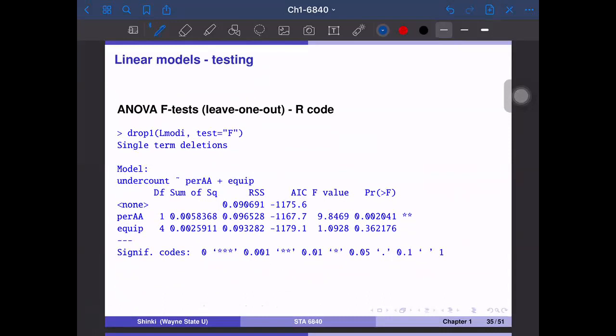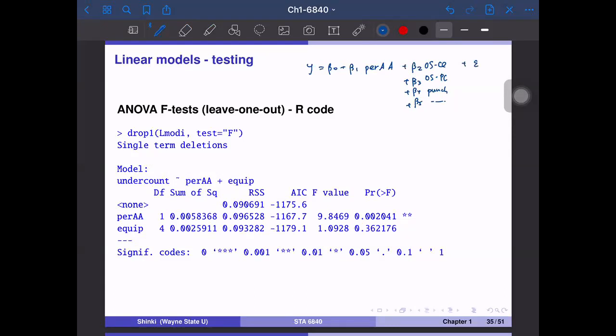Okay, so the full model is Y equals beta naught plus beta 1 times percentage African American, and beta 2 times the equipment, OS CC, plus beta 3 OS PC and beta 3 punch, or beta 2, 3, 4, 5. So this is the full model.